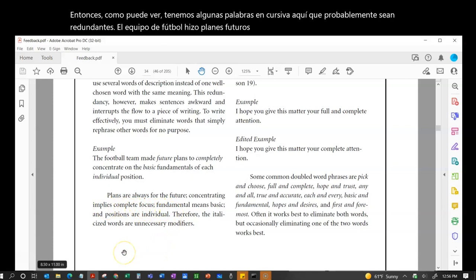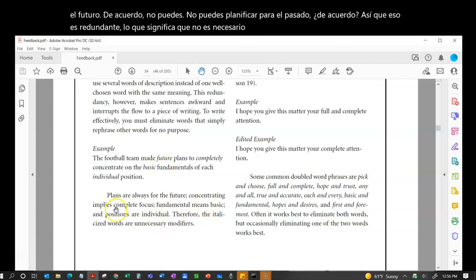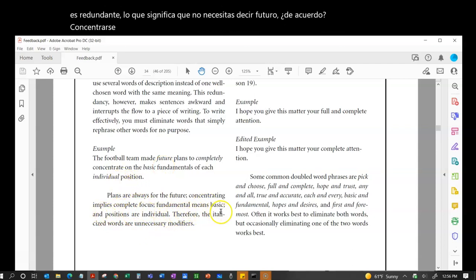Plans are always in the future, okay? You can't plan for the past, all right? So that's redundant, meaning you don't need to say future, okay? Concentrating implies complete focus. Fundamental means basic, and positions are individuals. Therefore, the italicized words are unnecessary.